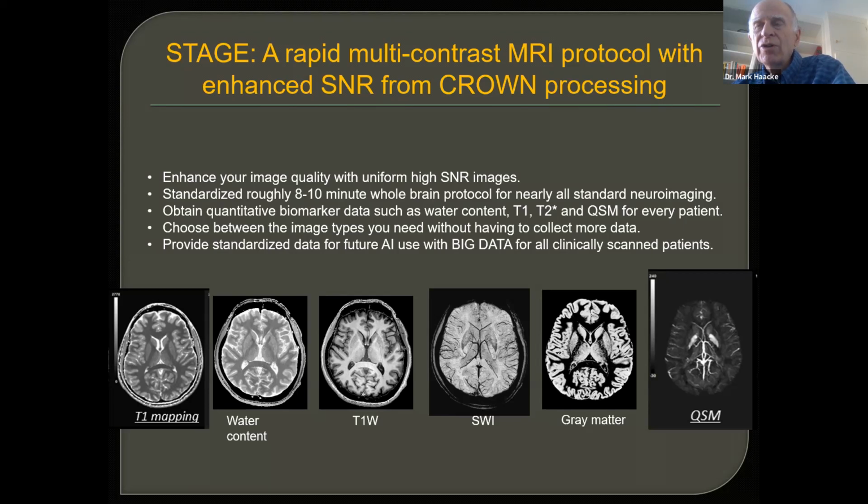We can measure water content, which I'll show you in the third presentation has some very important implications for understanding MS lesions. We can measure tissue properties, things called T1, T2 star, and susceptibility. And the exciting thing for me about pursuing this is that we can run this same technology on all the manufacturers' systems and basically get the same answer.